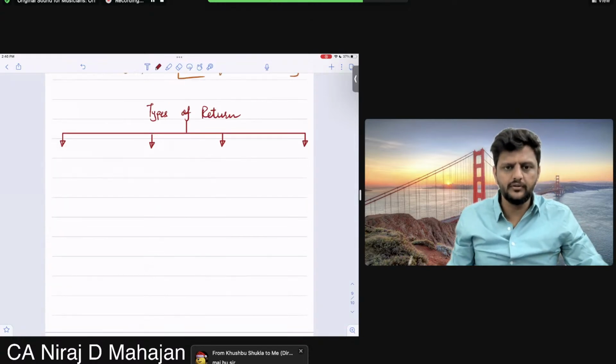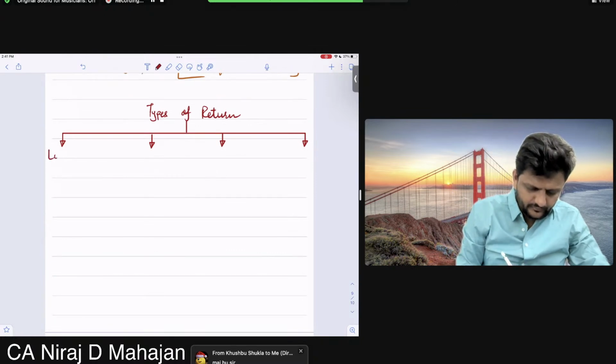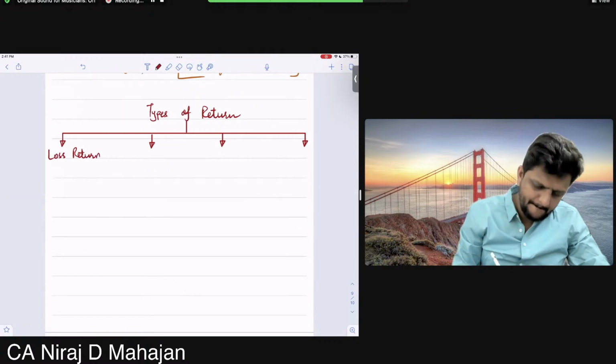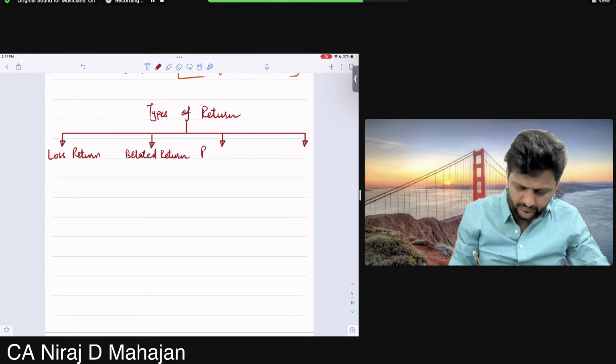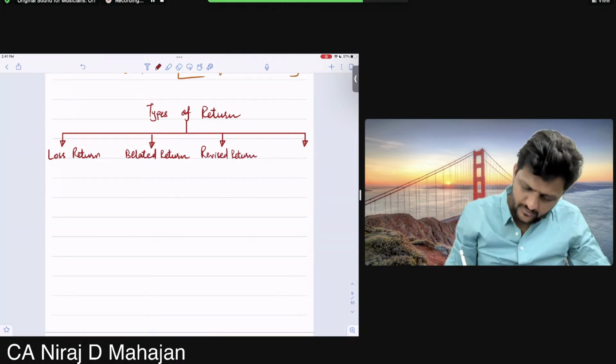Types of return. Okay, Kushbu. Loss return, belated return, revised return, and lastly, defective return.